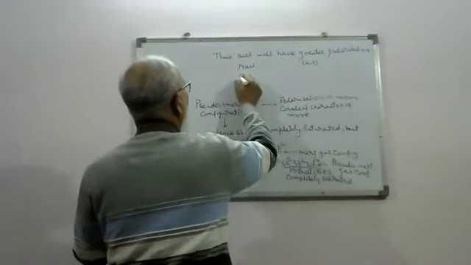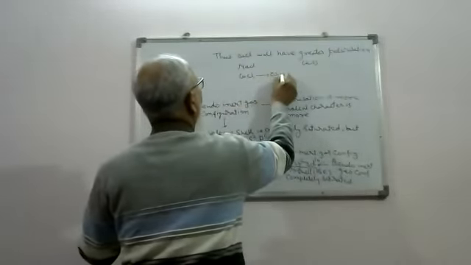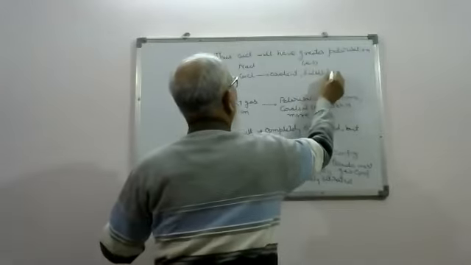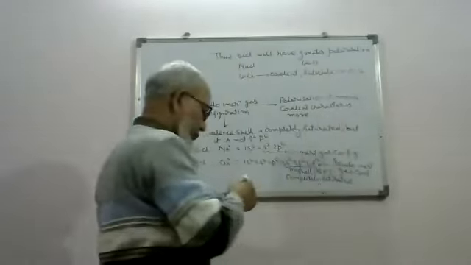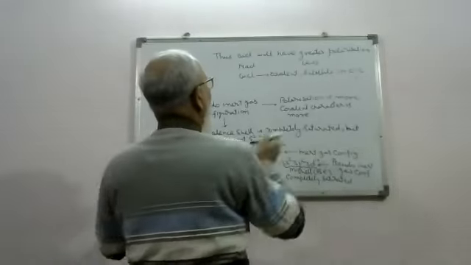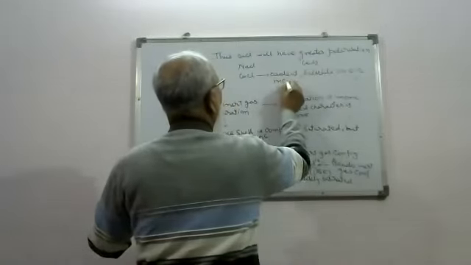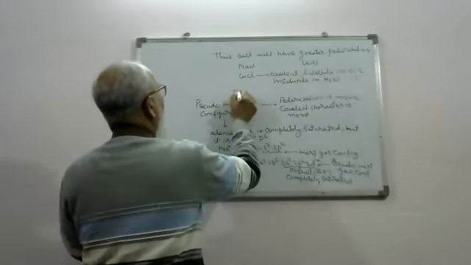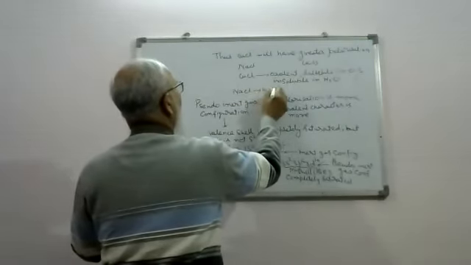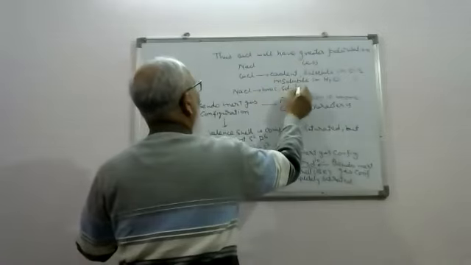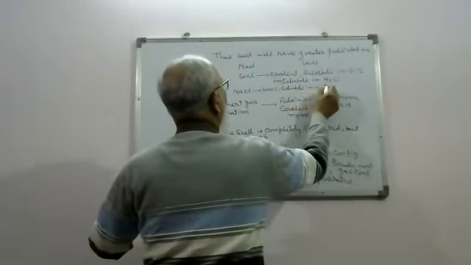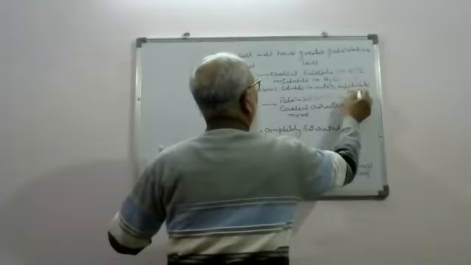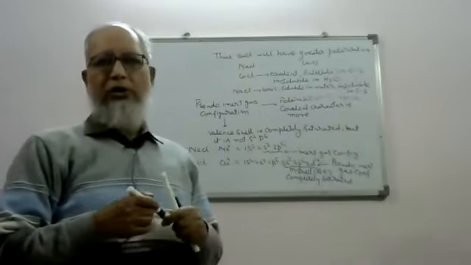Therefore, CuCl is covalent, soluble in organic solvent, insoluble in water, and NaCl will be ionic, soluble in water, insoluble in organic solvent. So this is all about polarization.